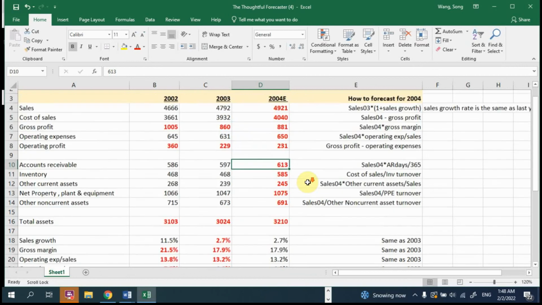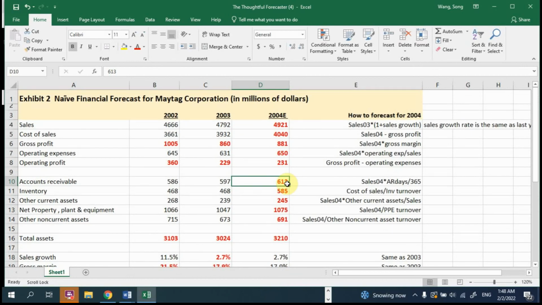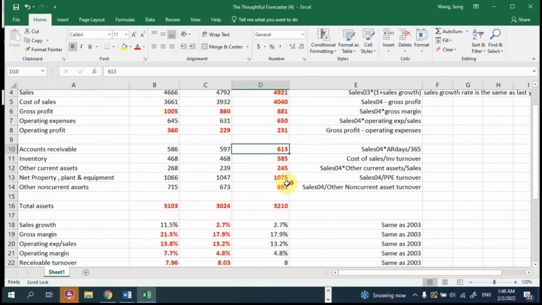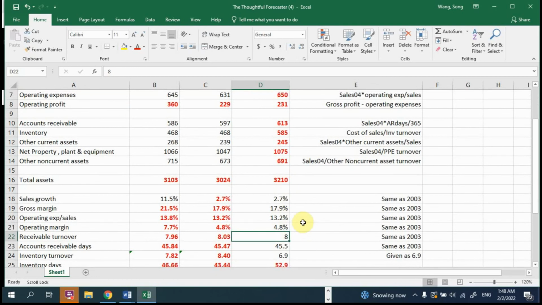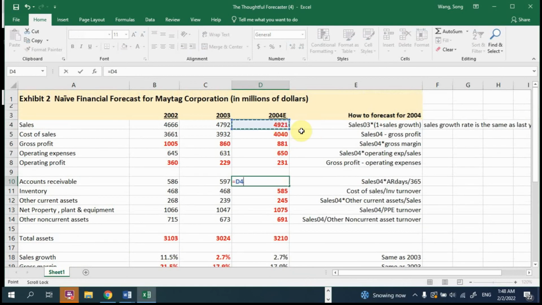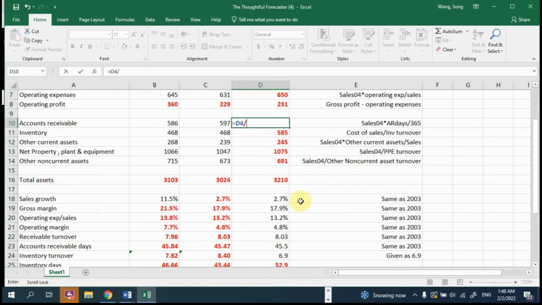613. And to be more exact, we want to use the receivable turnover, which is the same as last year. Not 8 sharp, it should be 8.03. So how do I get this accounts receivable? We're going to use sales divided by the receivable turnover ratio.